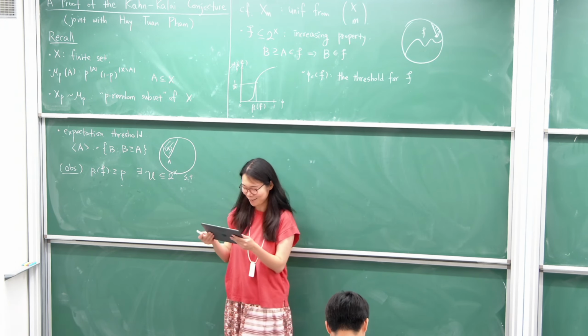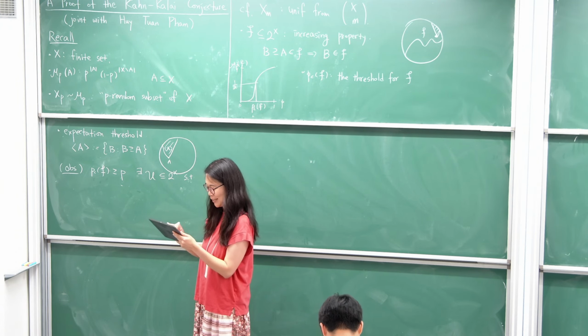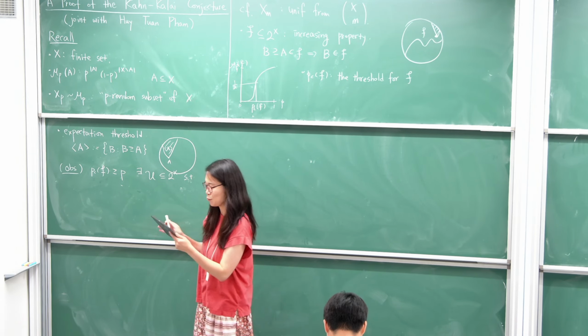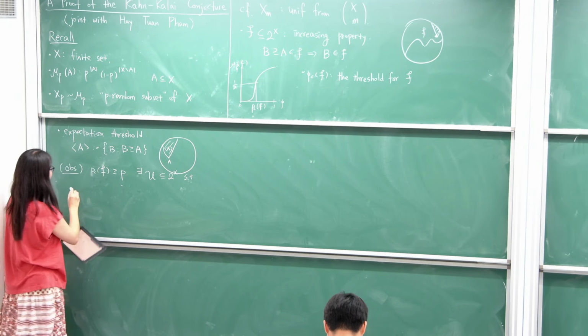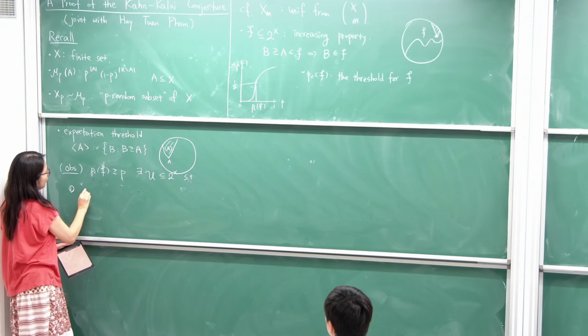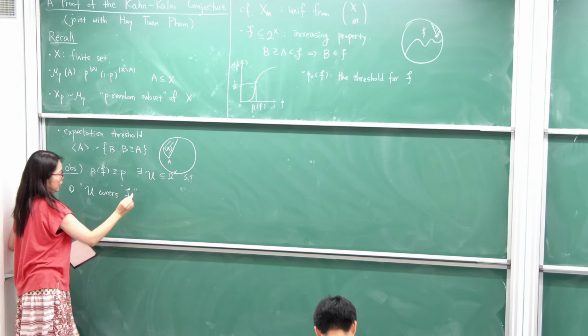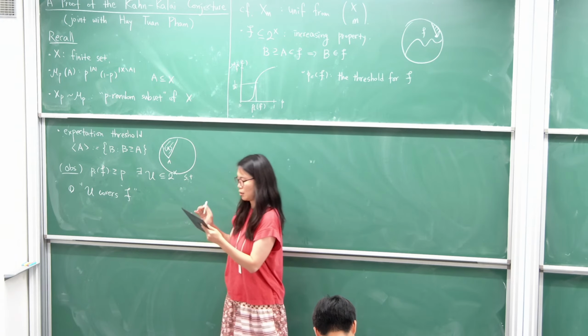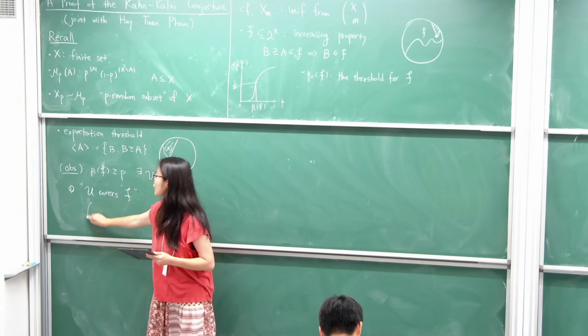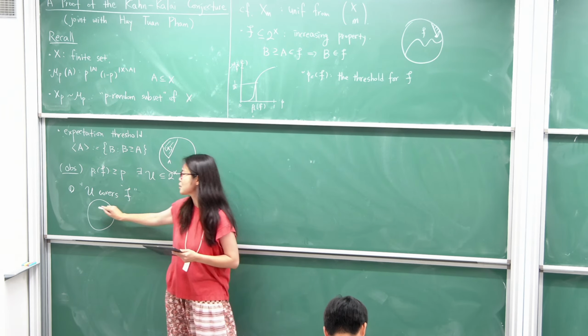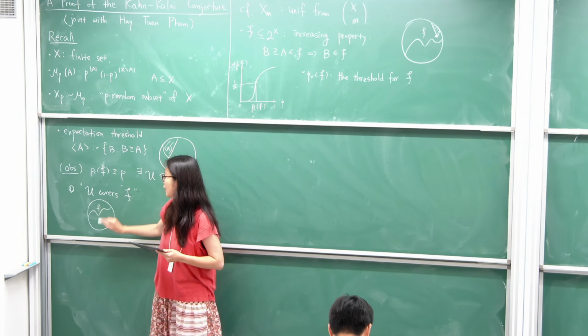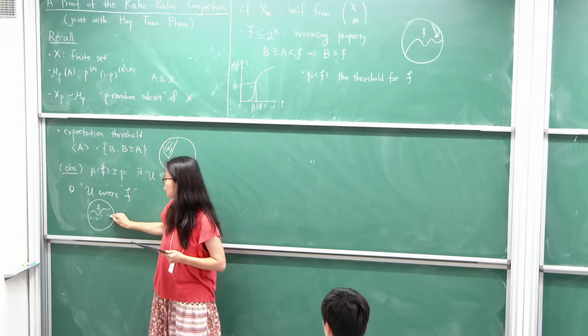I don't know if you still remember that, but let me assume you don't remember that. The first property was so-called U covers F. Pictorially this means if F is here, then U looks like this.